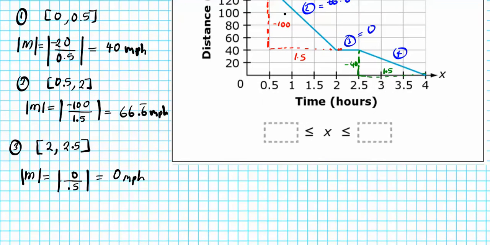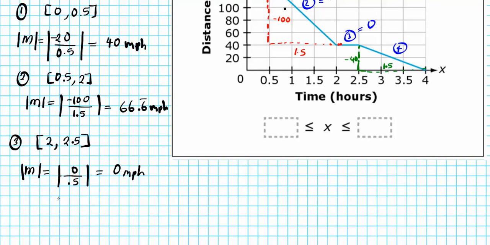Slope is rise over run. So for interval 4, from 2.5 to 4, the absolute value of the slope, or the speed, or the absolute value of the rate of change, is rise, which is negative 40, divided by run, 1.5.